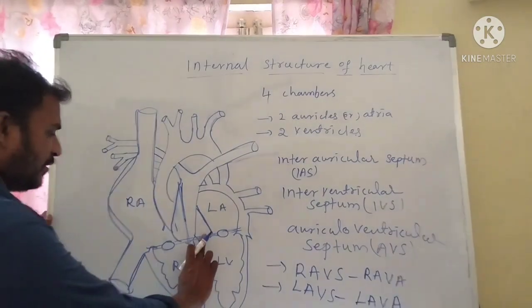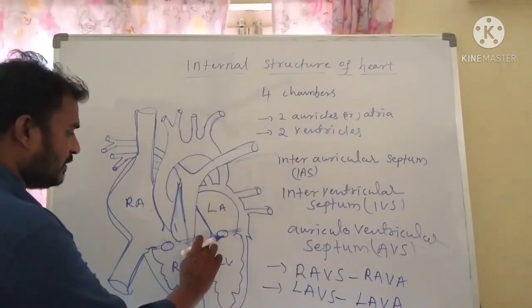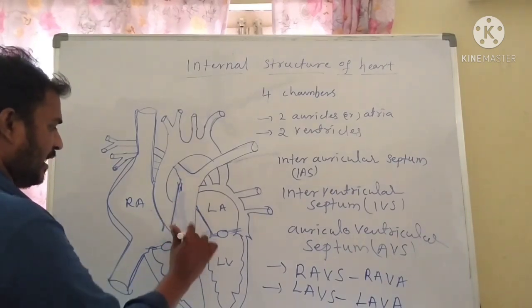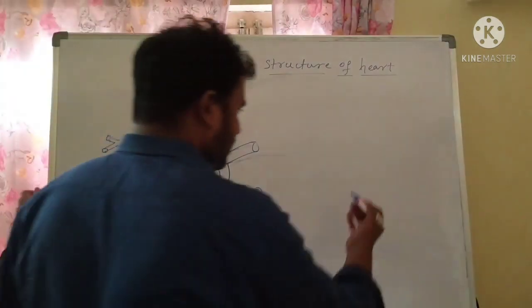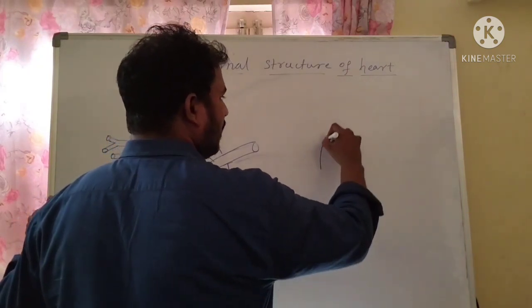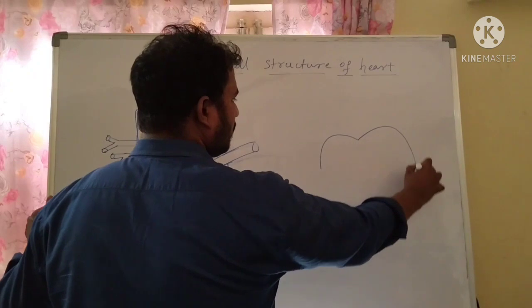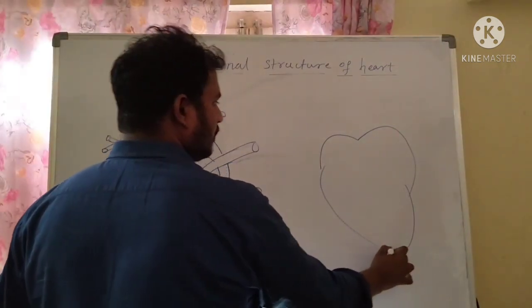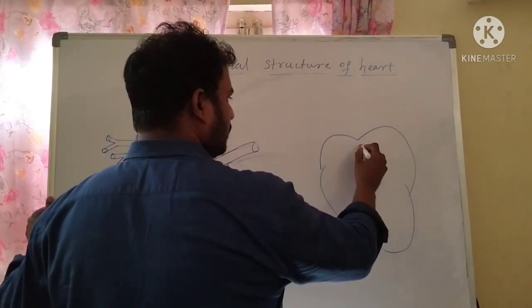Okay. And this is one kind of blood vessel, and this is another blood vessel. You see here, this is the heart.